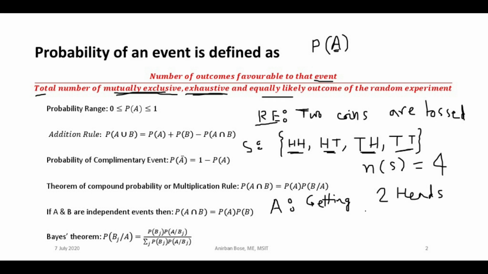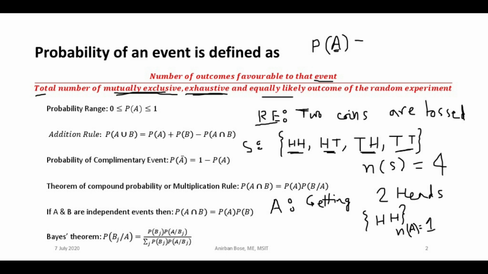Okay, so if we want to write the outcomes of this event, what are the outcomes? Its outcome is only this one, getting 2 heads. Okay, so how many outcomes are favorable to this event? That is only 1. So the number of elements of this event A, favorable to this event A, is 1.